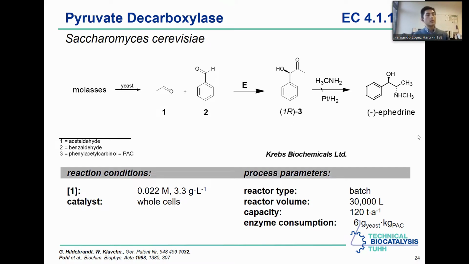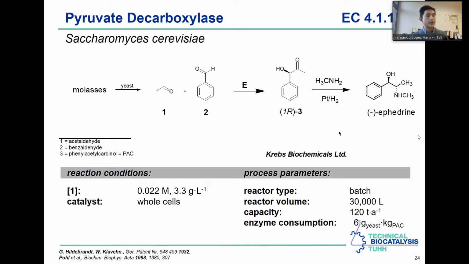And once again, you will say, Fernando, why is that important? Why do I care about that? Well, that is the precursor, the starting point for the formation of a very, very used drug called ephedrine. Ephedrine is a pharmaceutical product of very high value, and you can understand why if you notice that it has two different chiral centers.